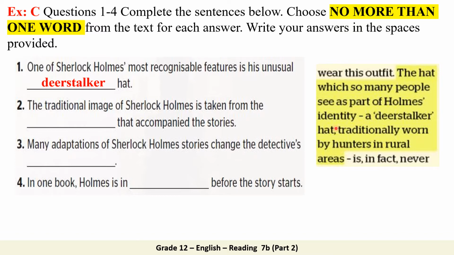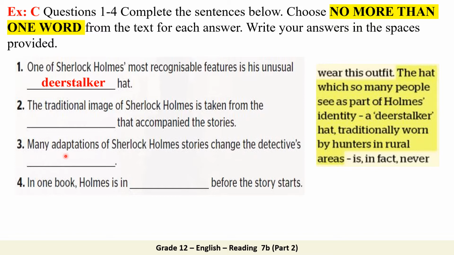Okay, let's go through the rest of the sentences. The traditional image of Sherlock Holmes is taken from that accompanied the stories, that was there in the stories. Many adaptations, and an adaptation is a film or a book that has been made from another film or book.